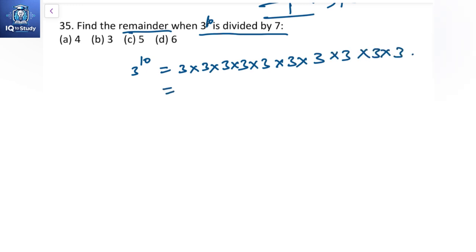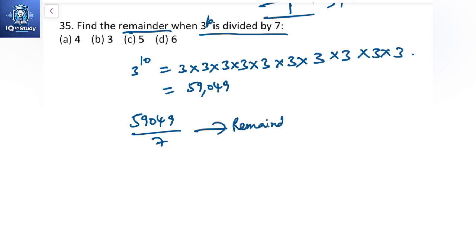And the 3 power 10 value is 59,049. When divided by 7, that means 59,049 divided by 7, which gives remainder as 4, which is option A.